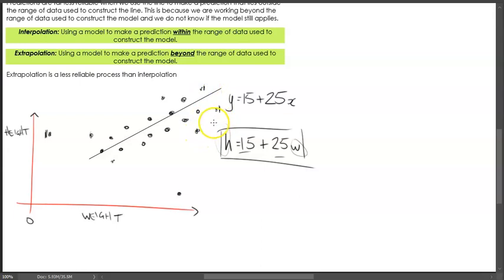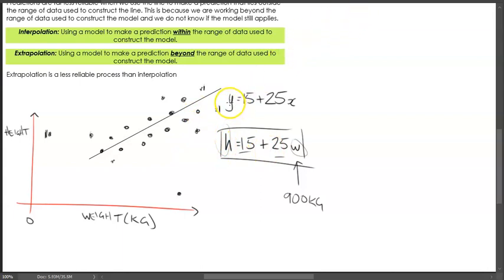The only problem with this is what happens if we give a weight that is unrealistic? So say for instance in kilograms, let's say we put in someone weighed 900 kilograms. If we have someone that weighs 900 kilograms, we put this into here, we're going to be predicting a height that's really, really tall.